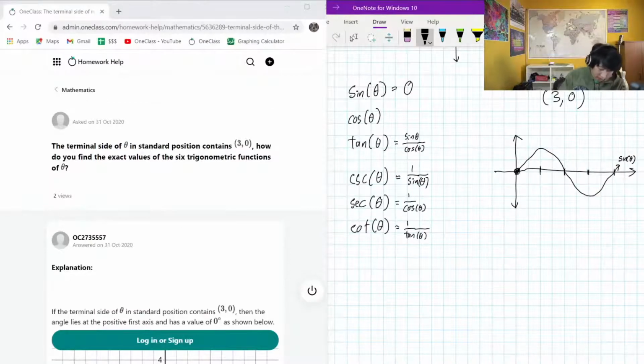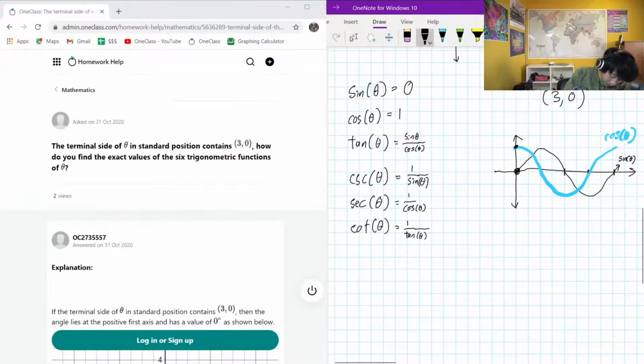Fairly straightforward. Now for cosine, it looks a little different, something like this. Cos theta in blue. As you can see, cos when theta is equal to 0 has to be 1. So tan, which is sine divided by cos, is just 0 over 1, which is equal to 0.